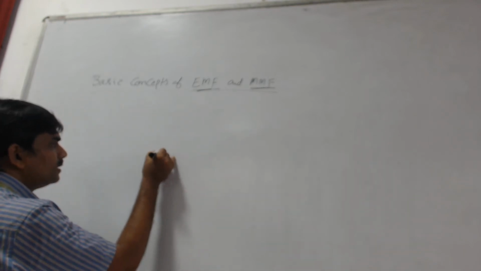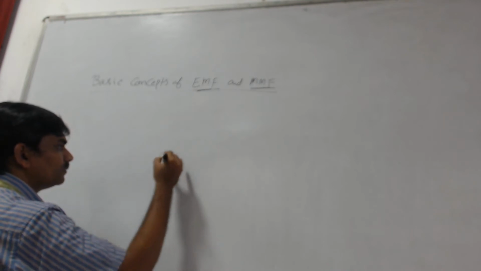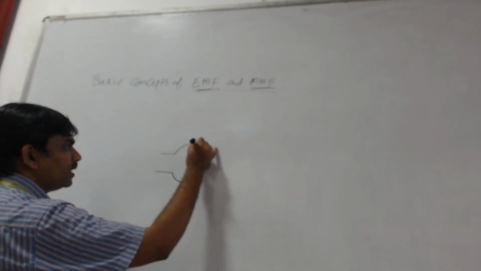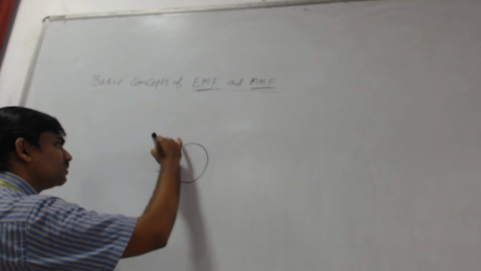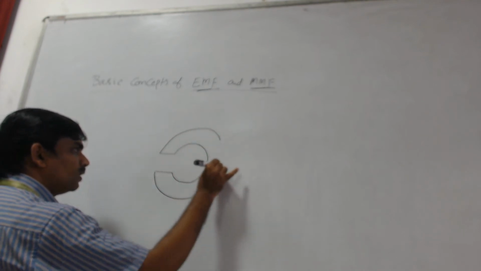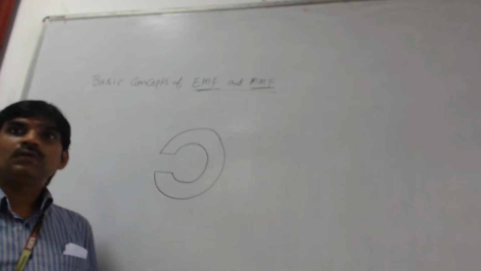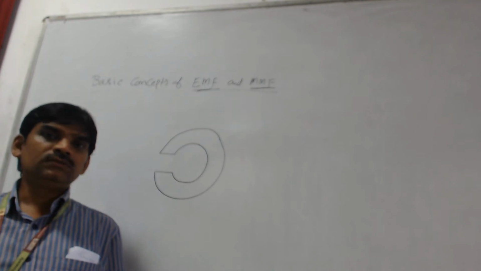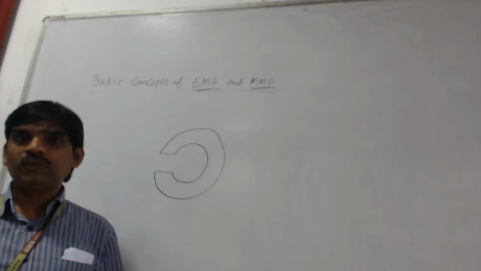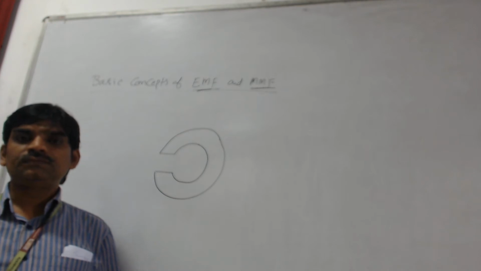How does current pass through any conductor? There are three types of basic materials: conductor, insulator, and semiconductor. Current always passes in conductive circuits.